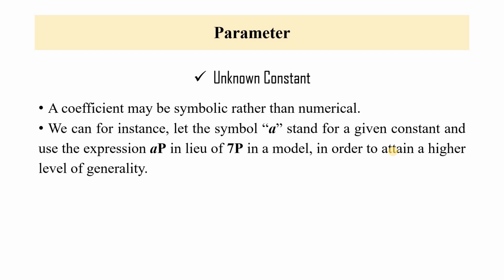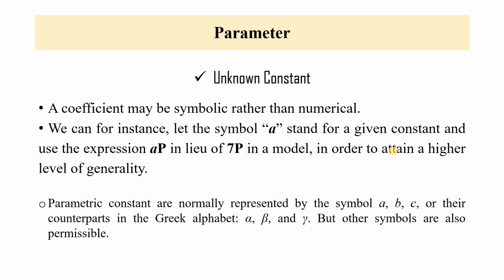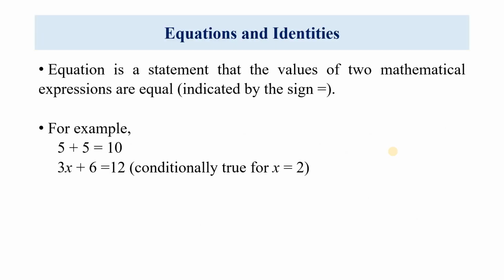It is supposed to represent a given constant, and yet since we have not assigned to it a specific number, it can take any value. In short, it's a constant that is a variable. To identify its special status, we give it a distinct name, called parametric constant, or simply parameter. Parametric constants are normally represented by the symbols a, b, c, or their Greek counterparts alpha, beta, gamma, but you can use other symbols.